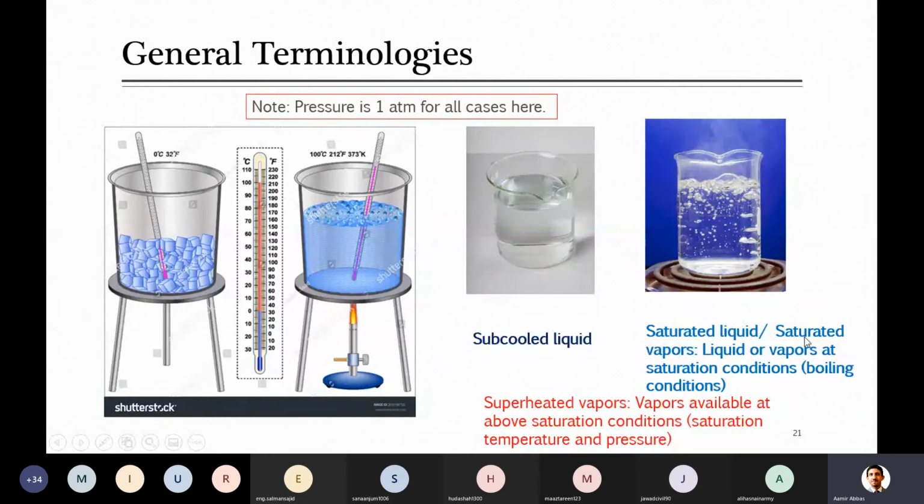But if I'm specifically talking about water, water vapor we call steam. So saturated vapors of water means saturated steam, and superheated vapors of water means superheated steam. Okay.